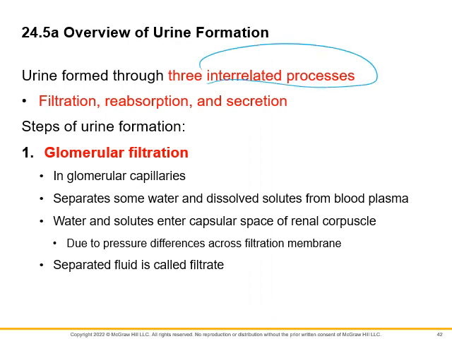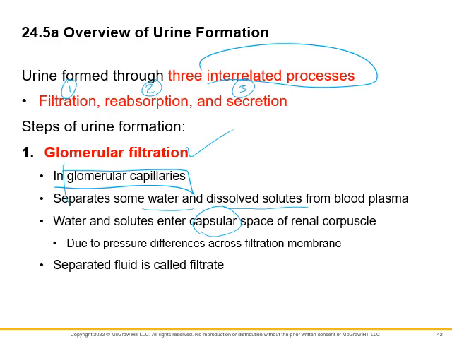So there are three processes that are happening when we're creating urine. We are filtering, we are reabsorbing, and we are secreting. The glomerular filtration step is what we keep talking about happening in the glomerular capillaries. So we're going to see water and dissolved solutes enter the capsule space, right?